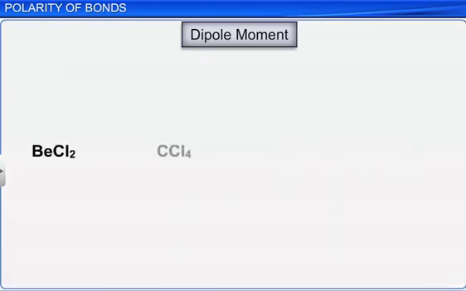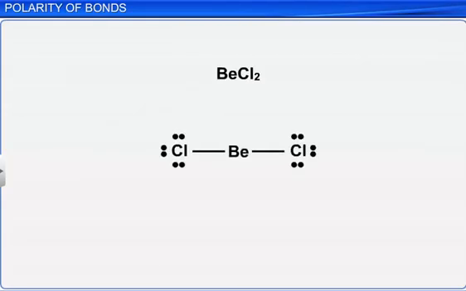Let us calculate the dipole moment of some molecules. Consider the beryllium chloride molecule. It is a linear molecule with a bond angle of 180 degrees. In the beryllium chloride molecule, two beryllium-chlorine bonds are present in opposite directions.